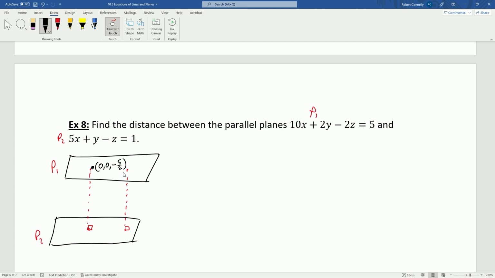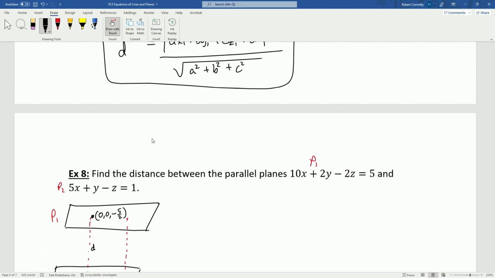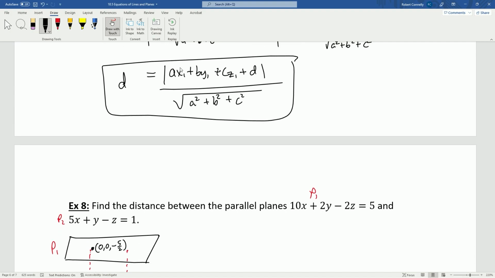So now the question of finding the distance of these two planes is the same as finding the perpendicular distance from a point on this plane to the other plane. And that means we can just go ahead and rely on this formula.